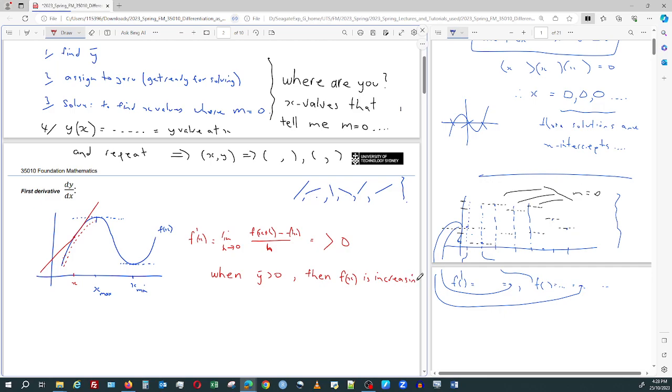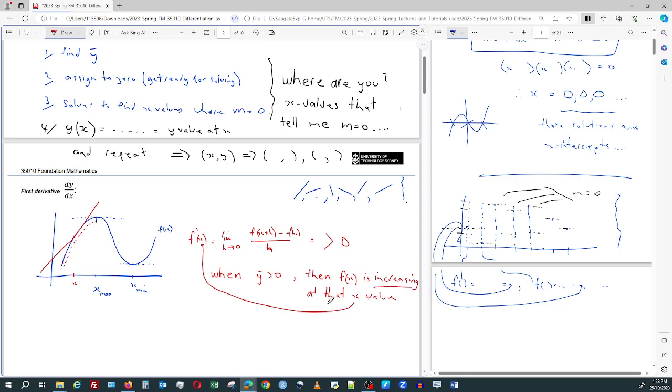Increasing at the x value. And that's the value that we used here. Okay, so the x value. So we can say the curve is increasing.